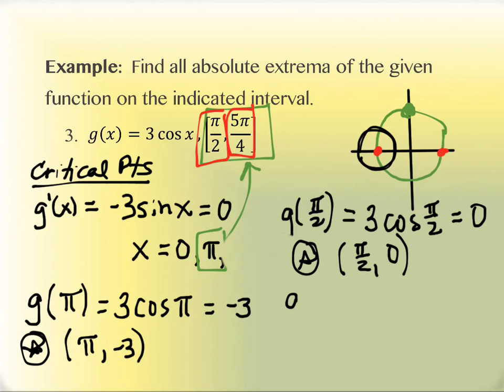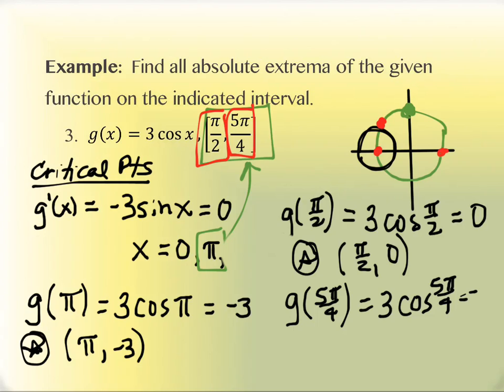Ordered pair number 3 will come from finding the other endpoint, 5 pi over 4. So we're going to do 3 cosine of 5 pi over 4. The 5 pi over 4 is over here. What is the cosine value of 5 pi over 4? Good, negative square root 2 over 2. And then I've got the 3 that's times it in the beginning, right?